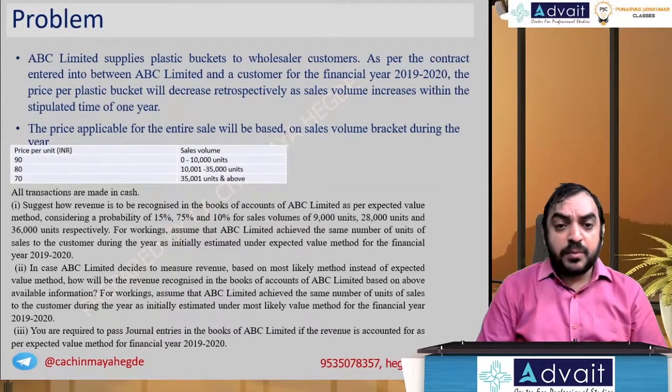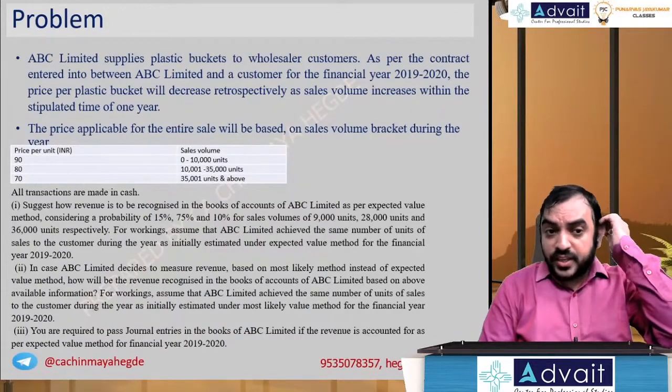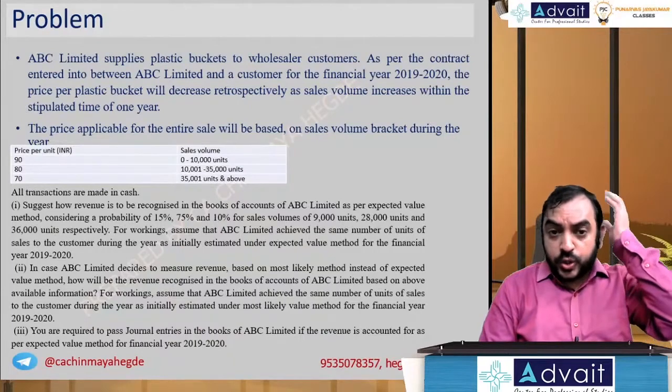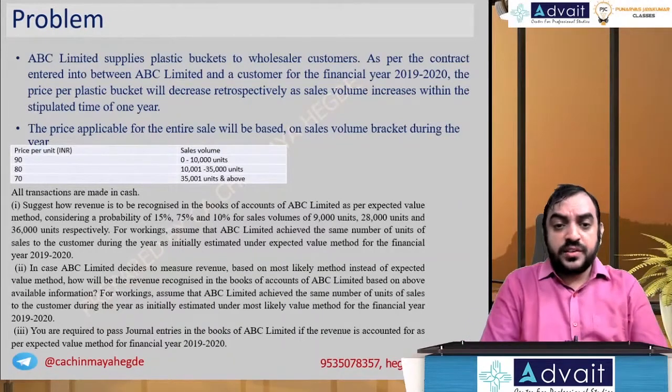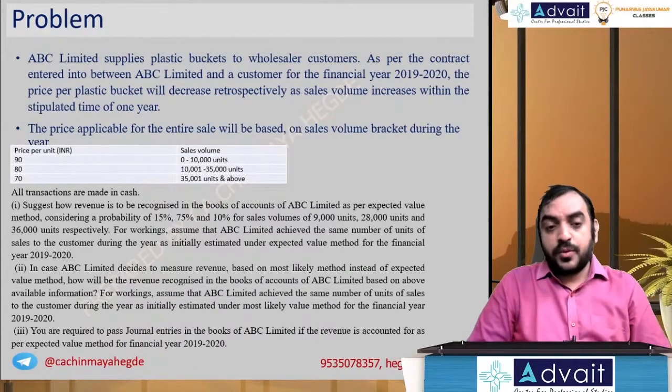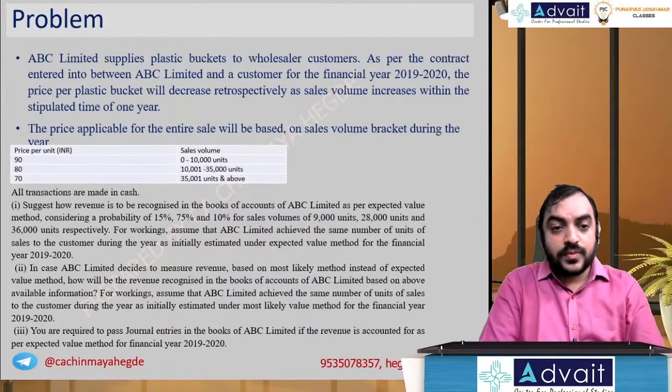The price applicable for the entire sale will be based on sales volume bracket during the year: 90, 80, 70. Sales volume 0 to 10,000 units, 10,001 to 35,000 units, 35,001 units and above. All transactions are made in cash.